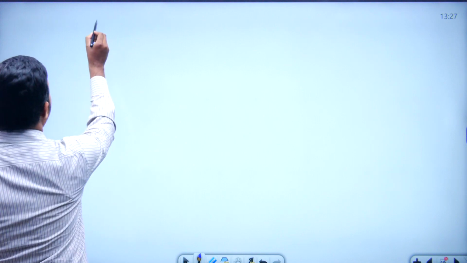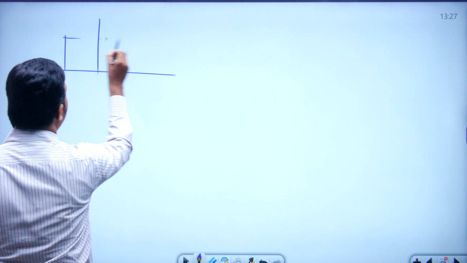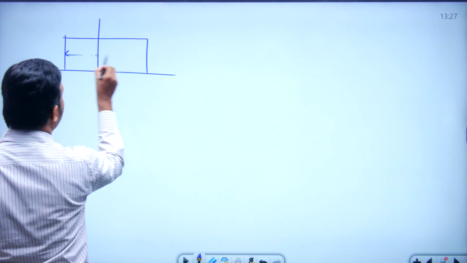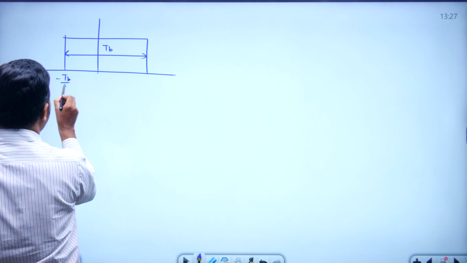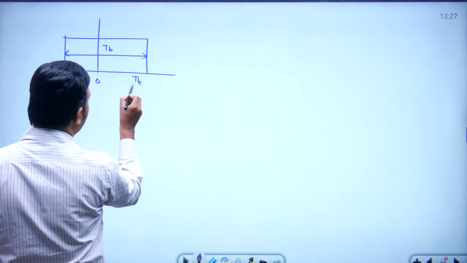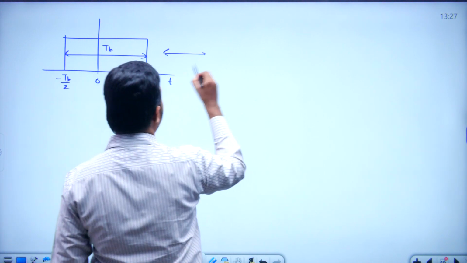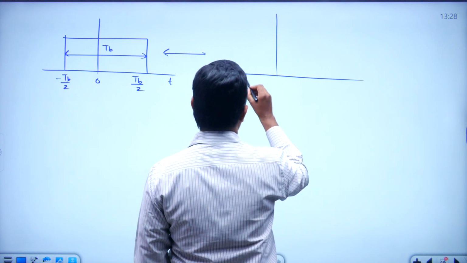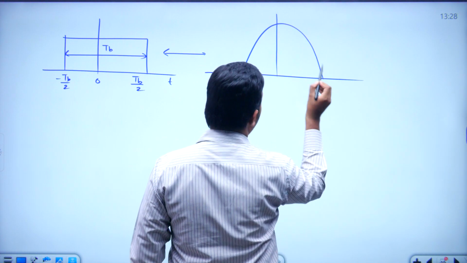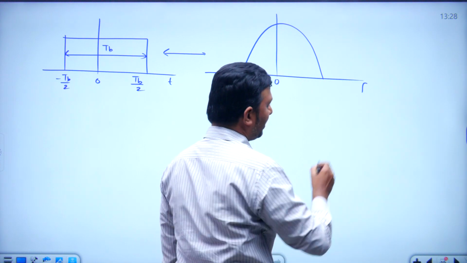Rectangular pulse. So, remember that if I am going to use a rectangular pulse of width TB, from minus TB by 2 to TB by 2, the Fourier transform of this rectangular pulse is a sampling pulse, and here we will neglect all the side lobes for calculation of the bandwidth.